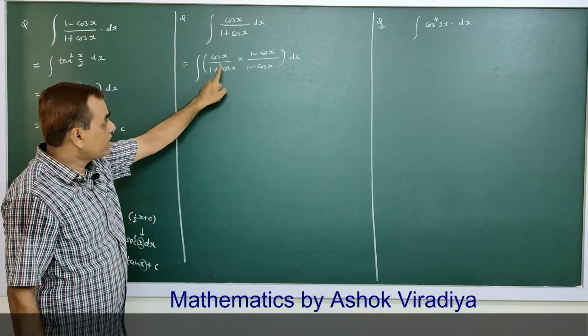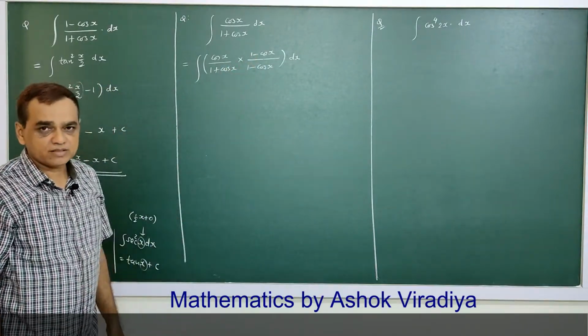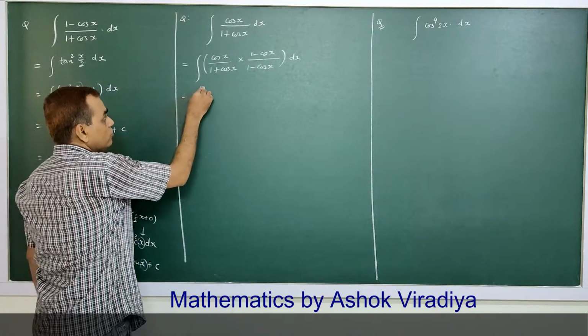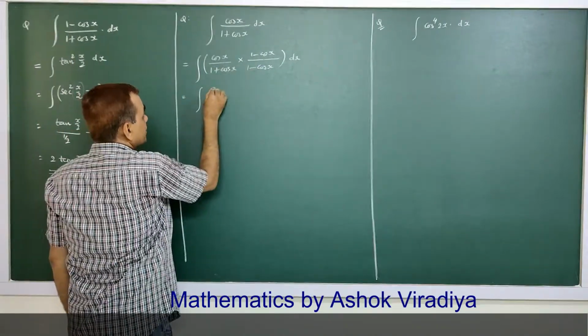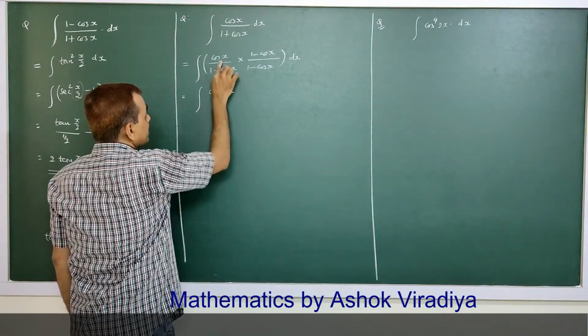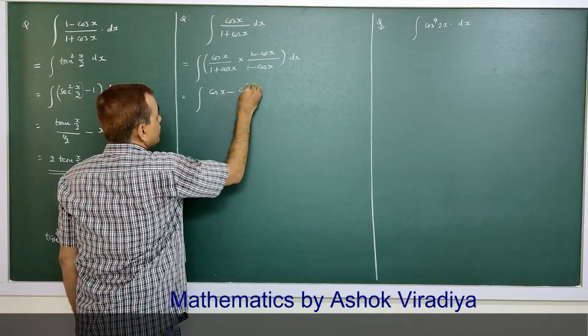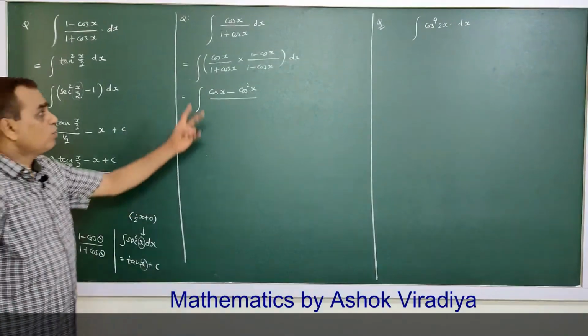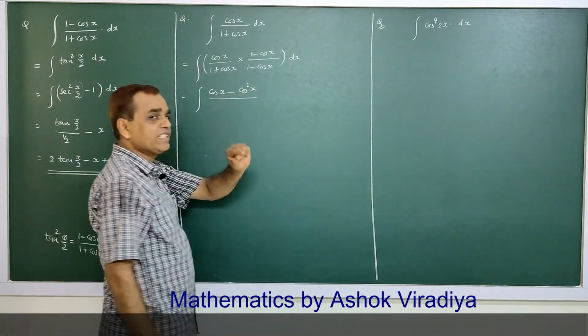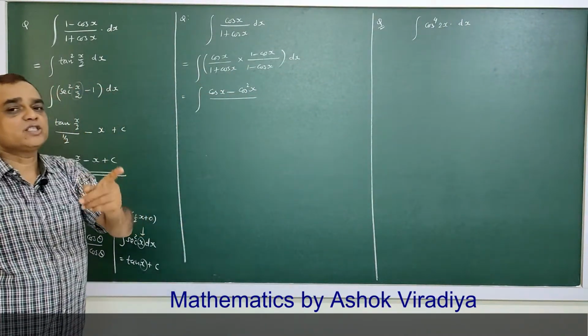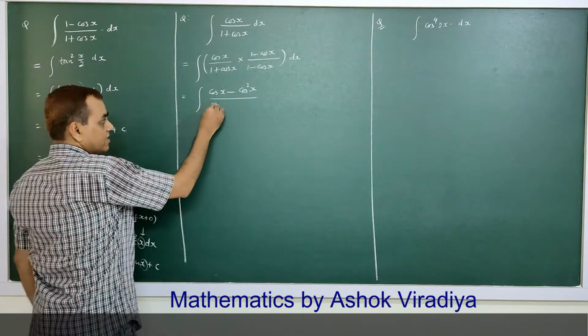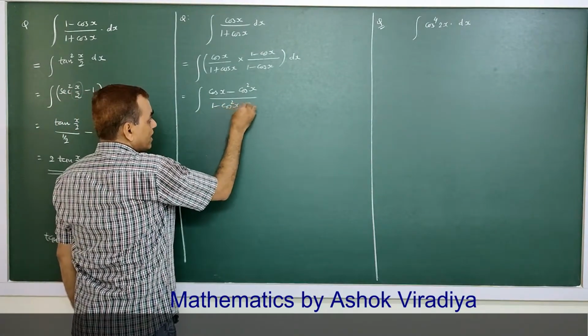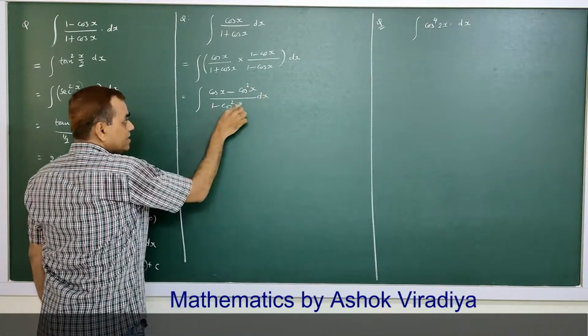If a minus is given, multiply and divide by plus. So it is equal to cos x into 1 is cos x minus cos x into cos x is cos square x upon 1 plus cos x into 1 minus cos x is 1 minus cos square x. This is sin square x.